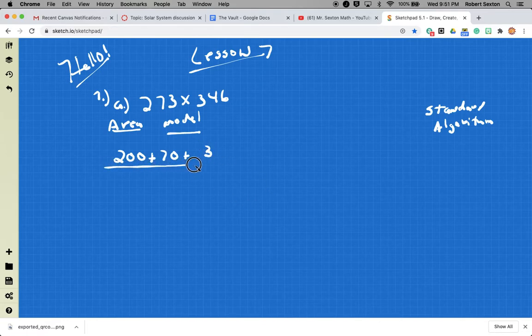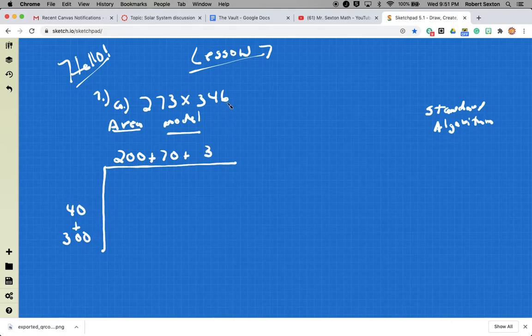Okay, there's one side of my rectangle. Now on the other one I'm going to decompose as well. I've got a 3 in the hundreds place, so that's going to be 300. I've got a 4 in the tens place, so that's going to be 4 tens, or 40.